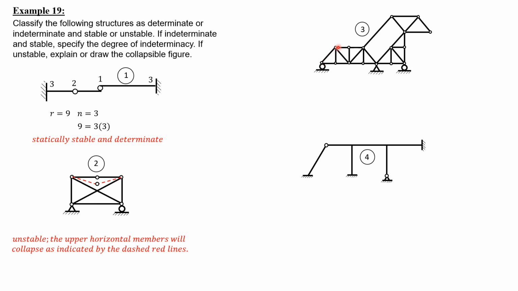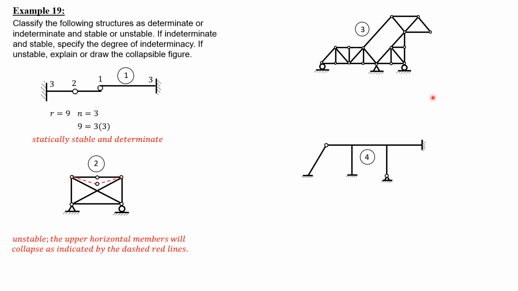Then for the number of bars, 1 to 15, then for the webs or interior members, 16 to 28. So 28 bars plus 4 reactions, so 32. And joints 1 to 16.